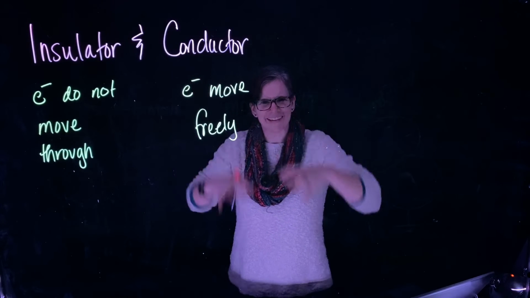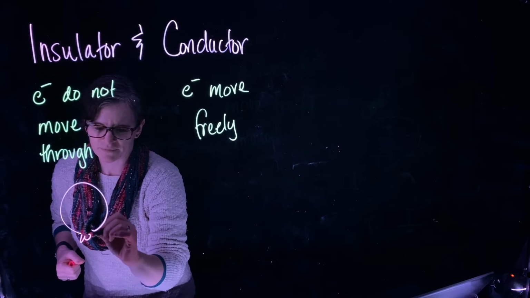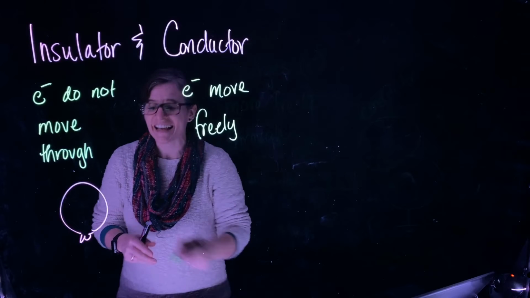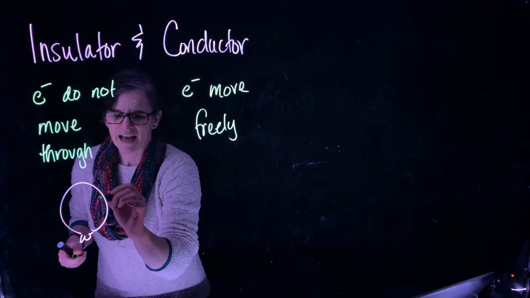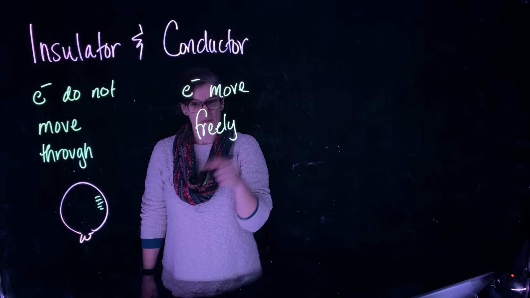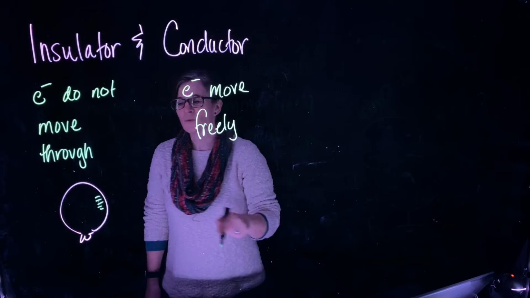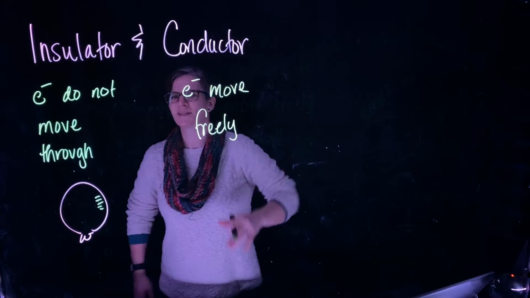But if we zoom in and look at what happened to that balloon. Well, if I have that balloon and I put a whole bunch of negative charges on this one side of the balloon, I'm rubbing one side of the balloon, I put all those negative charges on that side of the balloon. And that's where they stay. They stay put. They don't move throughout the balloon. They just kind of collect right there where I rubbed it against my head.